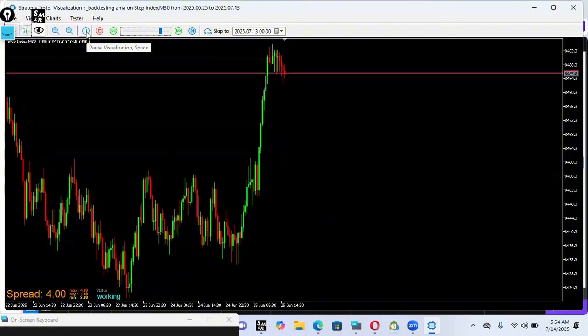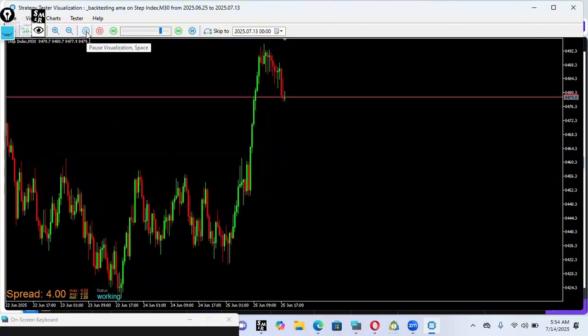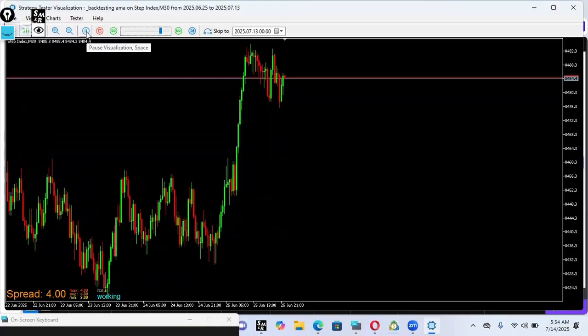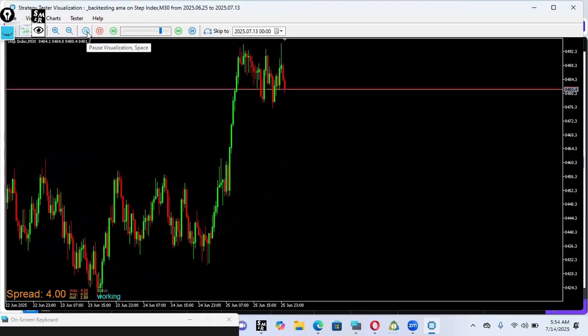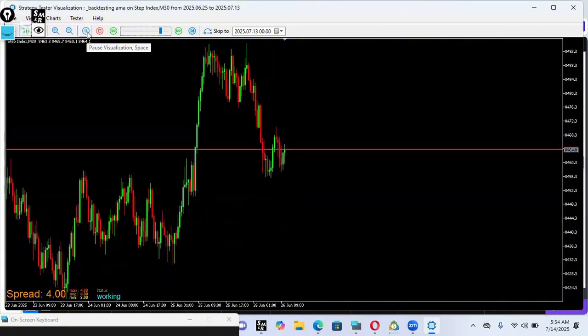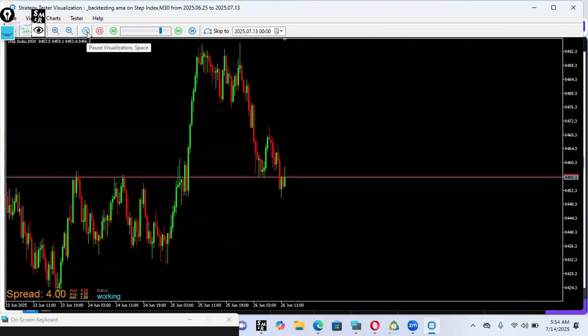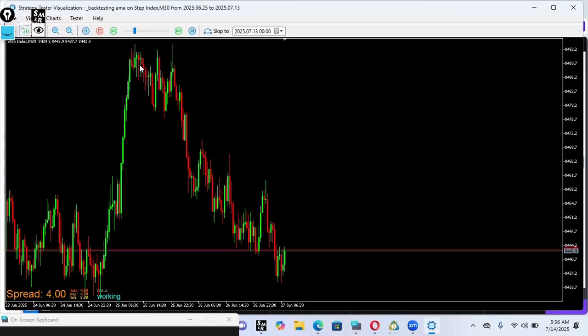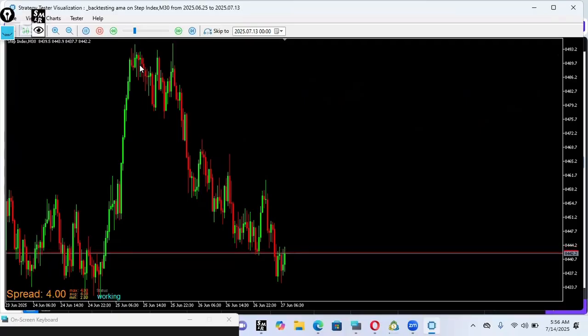And as you can see, this is MT5 actually. So one limitation with MT5 is that if you are backtesting like this, if you are doing this replay mode, you cannot draw and you cannot change time frames. However, we are going to walk through it. Just stay with me.